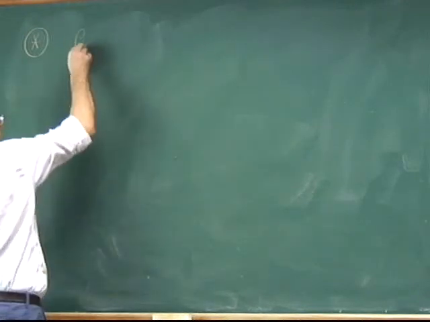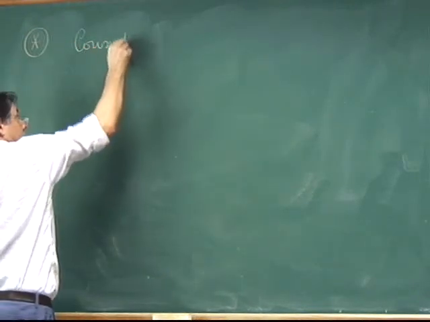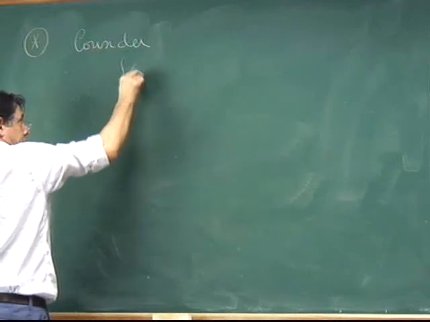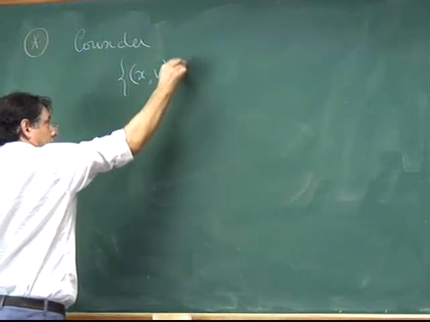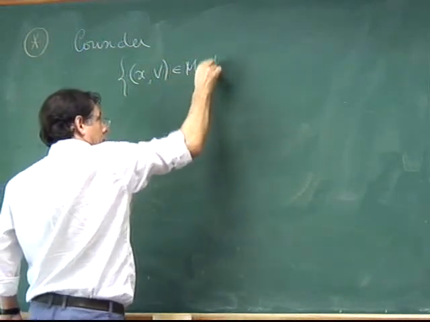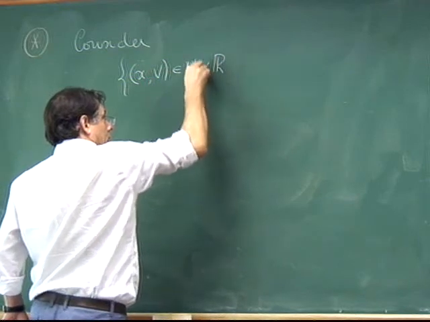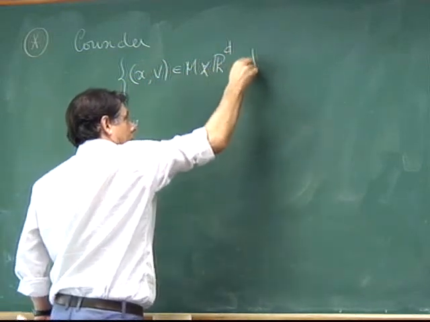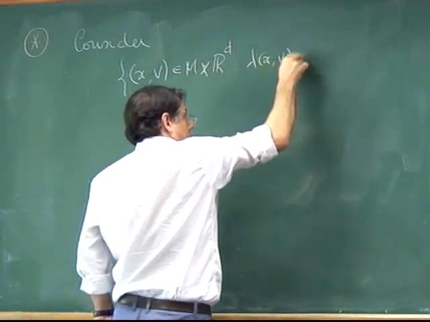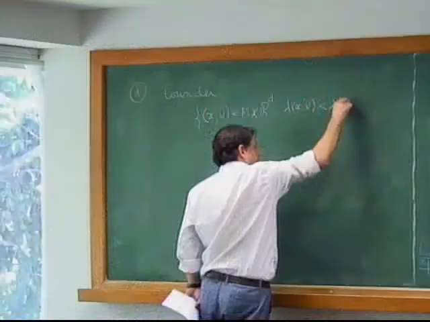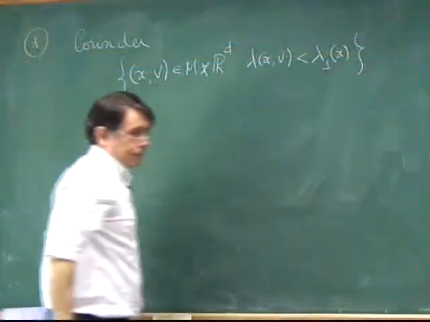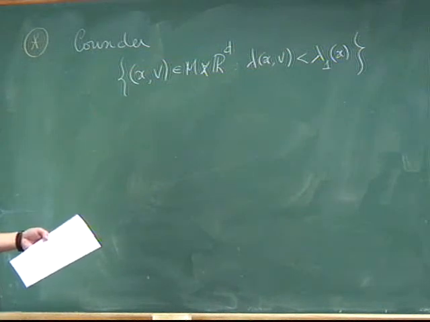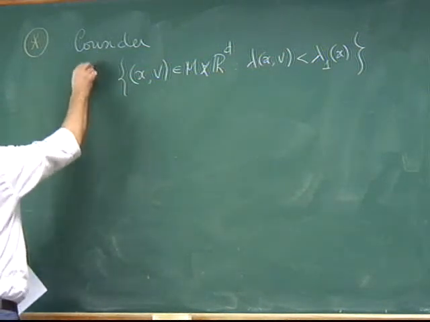So let us look at the set of pairs, that same set. Now this set I'm going to call V2 star.